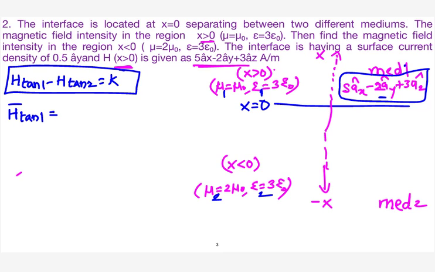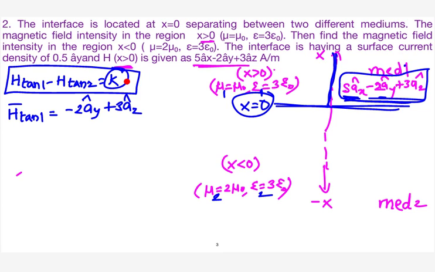When you see this equation, only the x component represents the normal. If you look at the interface x equal to 0, the x component represents the normal. So this 5 ax cap is the normal component, and other than 5ax cap, the rest represents the tangential. So H tan 1 is equal to minus 2ay cap plus 3az cap. With that, you try to solve H tan 2. And if nothing is given about the interface, you can assume K is equal to 0.